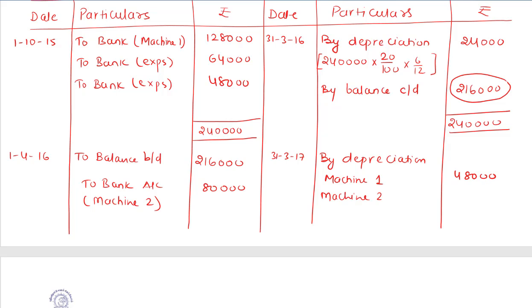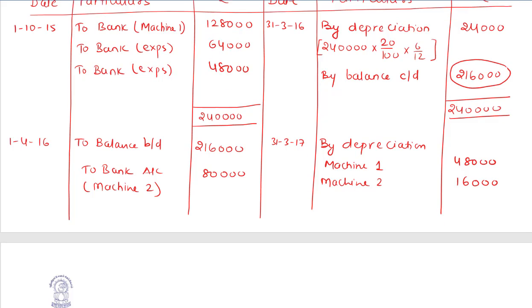And for machine 2, 80,000 multiplied by 20% is 16,000. So the depreciation over here is 16,000.